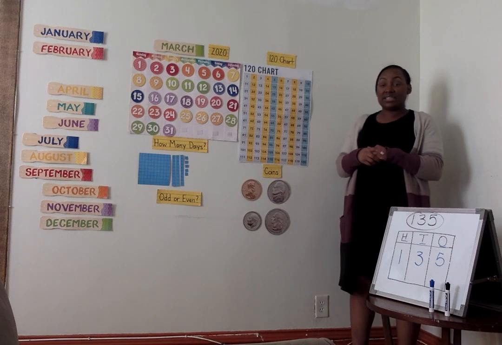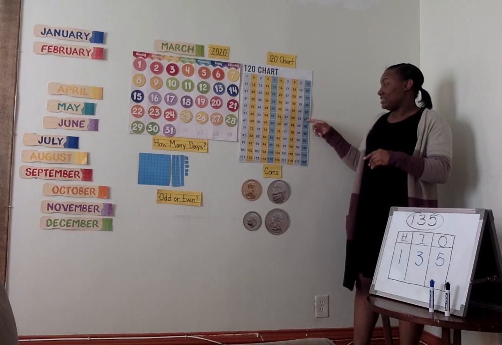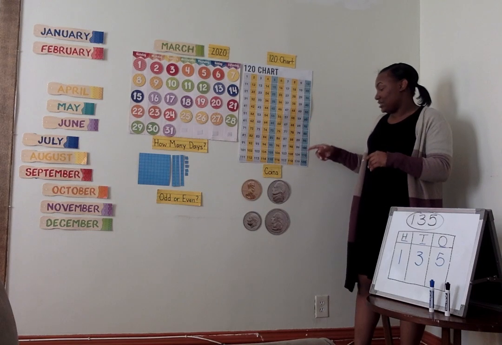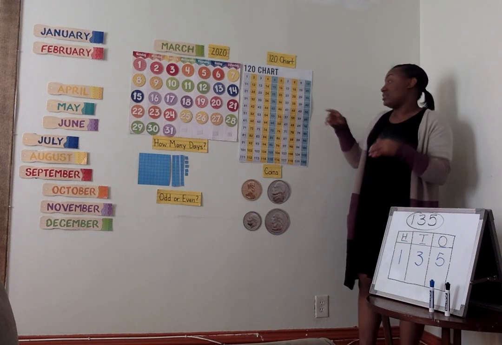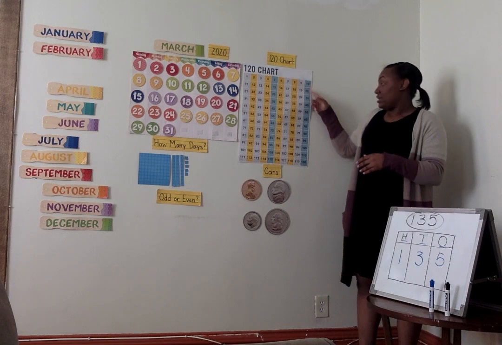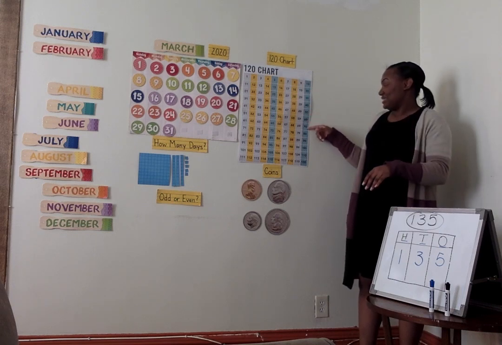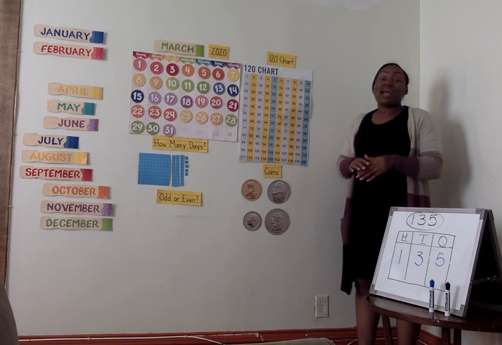Let's count by tens. Get ready. 10, 20, 30, 40, 50, 60, 70, 80, 90, 100, 110, 120. This time you're going to count by yourself without Miss Ross's help. Get ready. Count by fives.